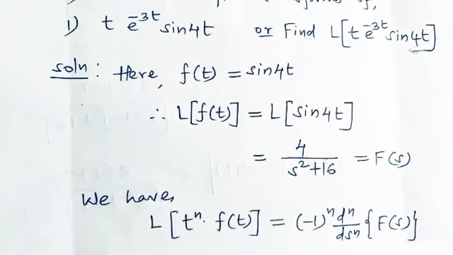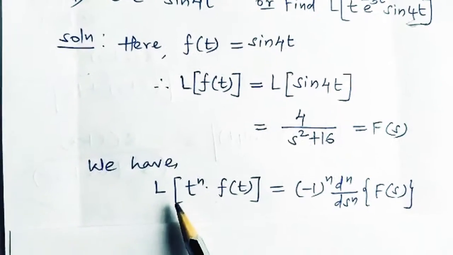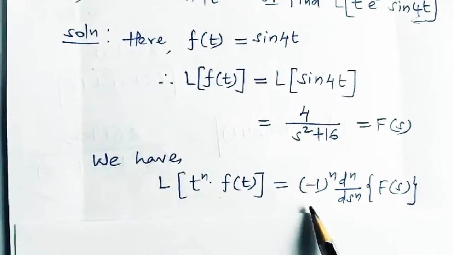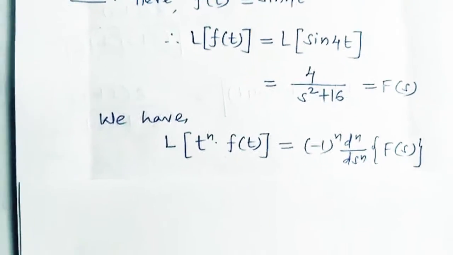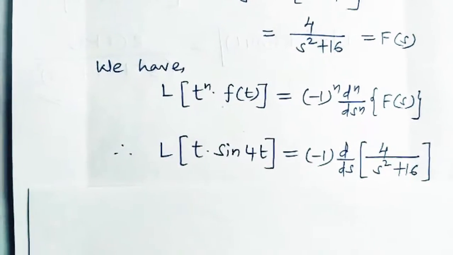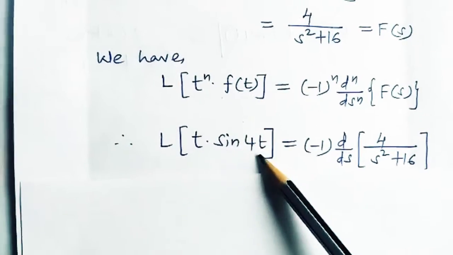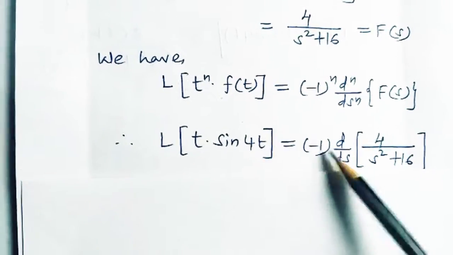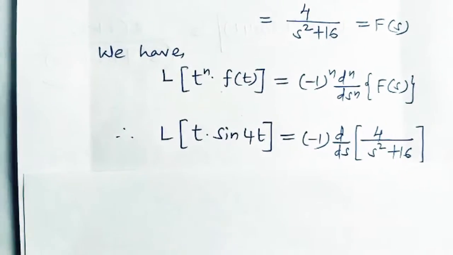Now the general form: Laplace of t raised to n f of t is equal to minus 1 raised to n, d n by d s n of f of s. In this case t raised to n is t, so the Laplace of t sine of 4t is equal to minus 1 d by ds of 4 divided by s square plus 16.